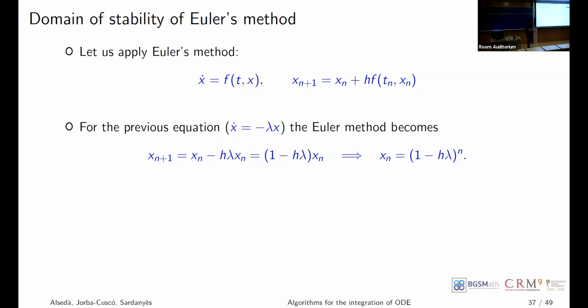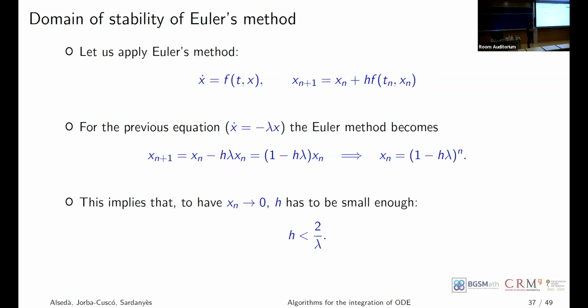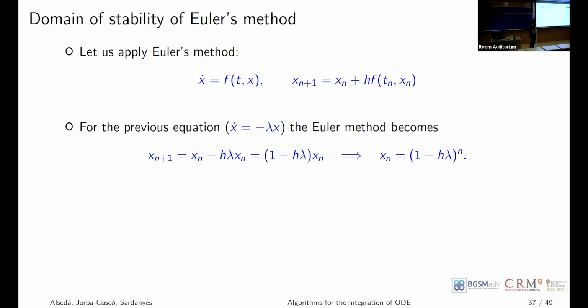And okay, if lambda is big, you're in trouble, because of course h, which is the step size, has to be smaller than 2 over lambda, and if lambda is big, h has to be very, very small. So your method is going to be very, very slow, because it has to take small step sizes. This is the stiffness, and the reason basically why implicit methods exist.